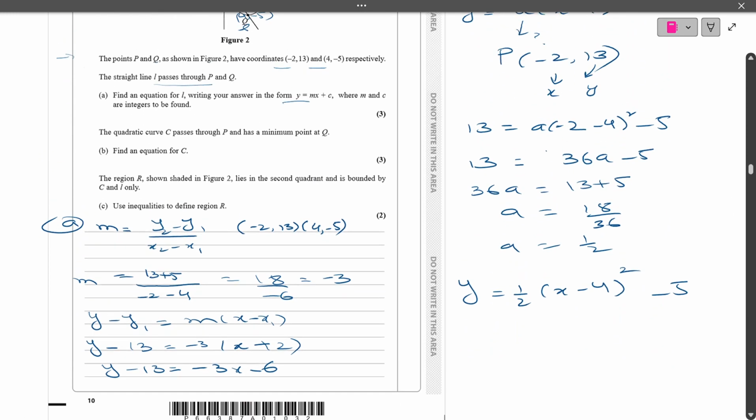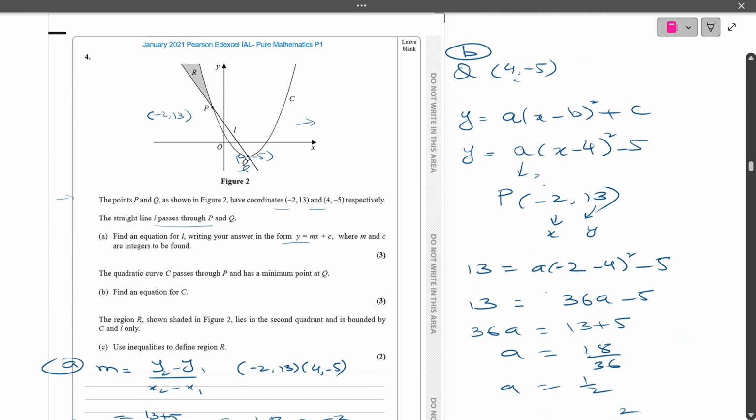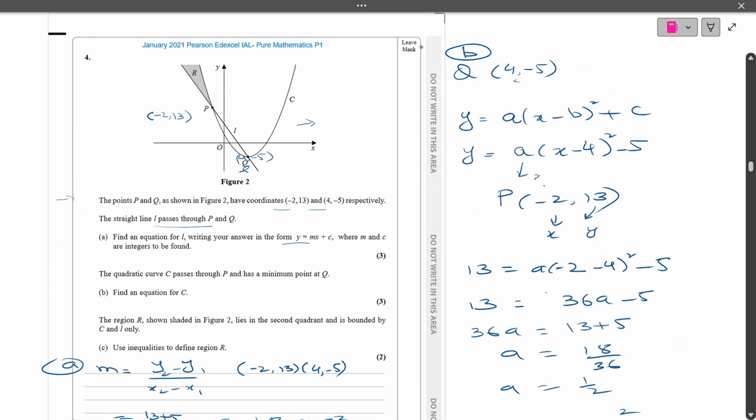Use inequalities to define the region R. So the region R is this shaded one. This region is shaded above the line, because L is a line and that comes first. This region is shaded above the line and below the curve.